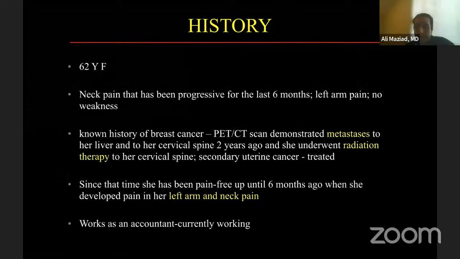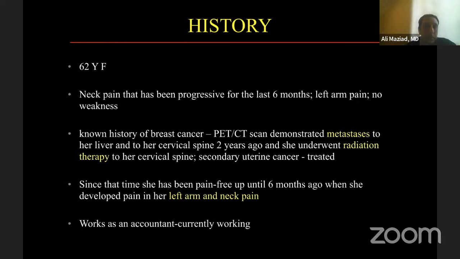All right, so this is a case of Dr. Birch. Actually, it's cervical pathology more so than a cervical deformity, but I think it's interesting to consider as well because it's pretty complex. So this is a 62-year-old patient who presented with 6 months of neck pain and left arm pain, no weakness.